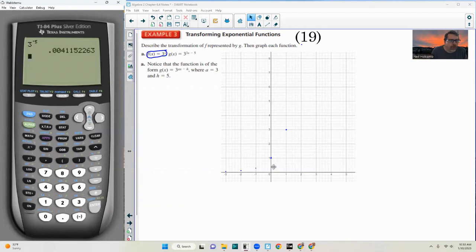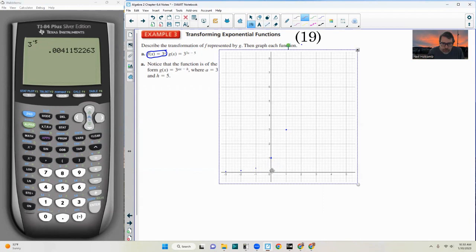And that would be really close to 0. So let's do that in red. At x equals 0, y is 0.004. Really, really close to 0 right here.